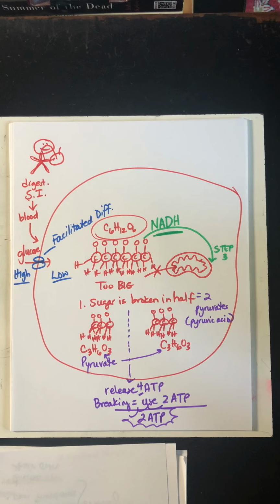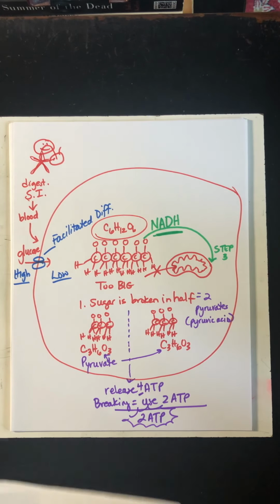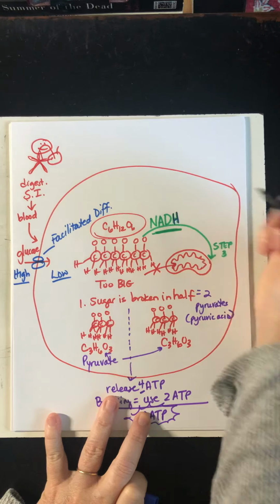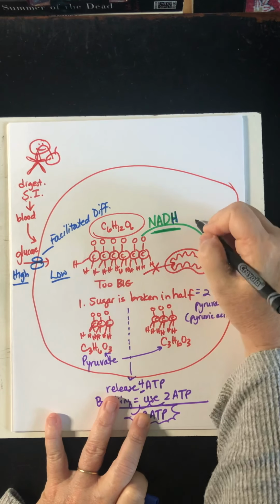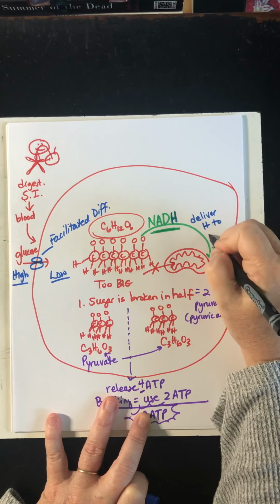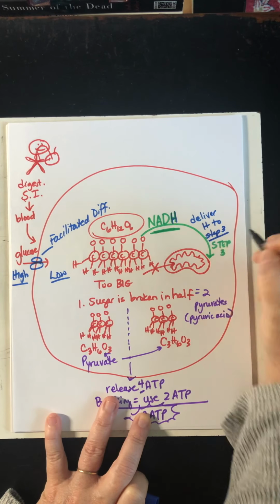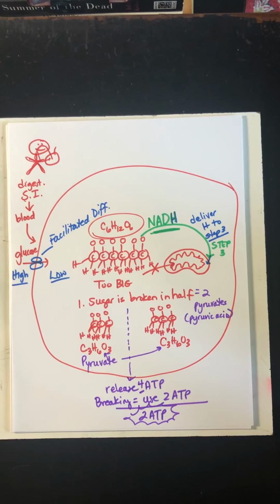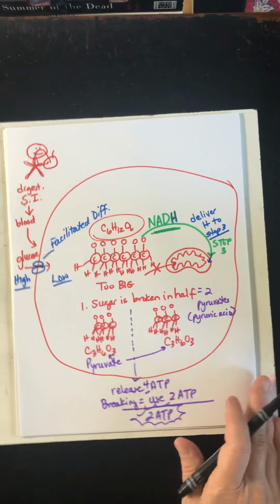All right, so very similar structure, and if you remember, NADPH carried hydrogen from the light reaction to the dark reaction. So very similar circumstances here. NADH is going to be carrying hydrogen, and it's going to deliver hydrogen to step 3. Okay, so it's going to deliver it here to the cristae. All right, so that is what happens in glycolysis.